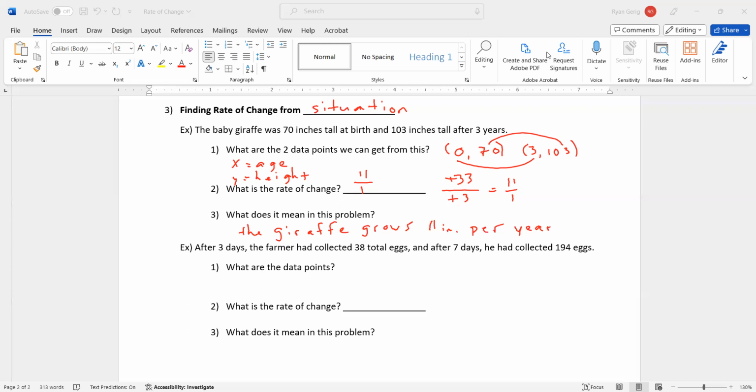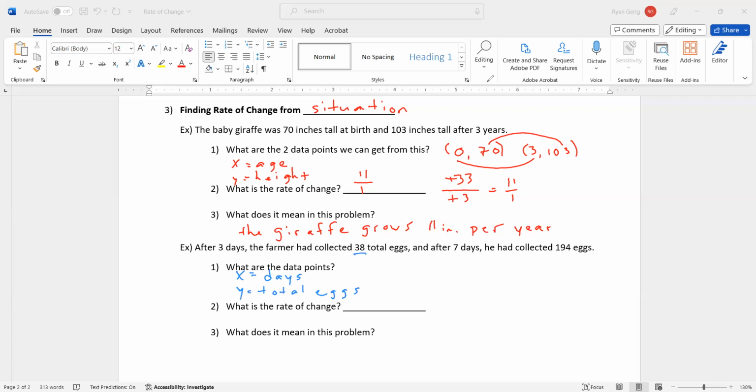All right. Very similar problem with the next example. After 3 days, the farmer had collected 38 total eggs. After 7 days, he had collected 194 eggs. So X is going to be the number of days, and Y is going to be the total eggs. So the change in Y is the total eggs, right?